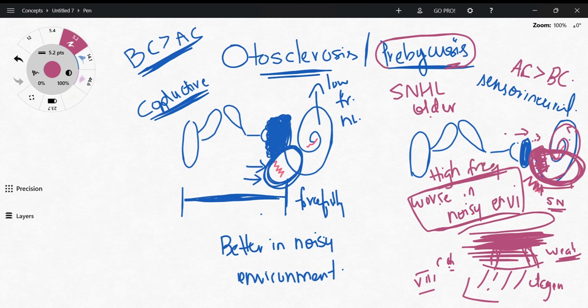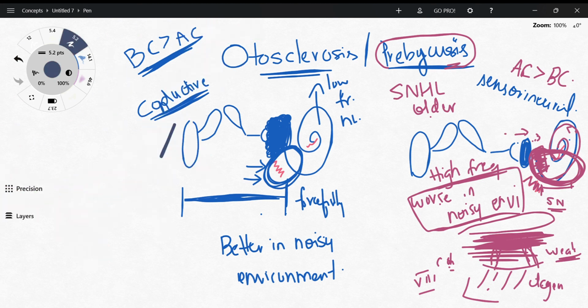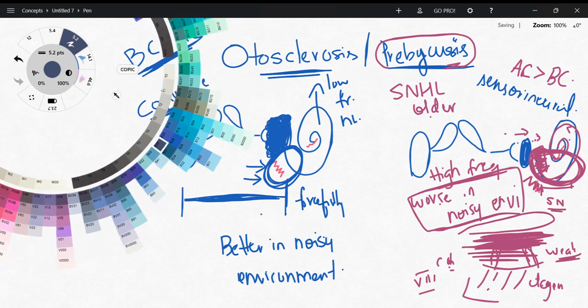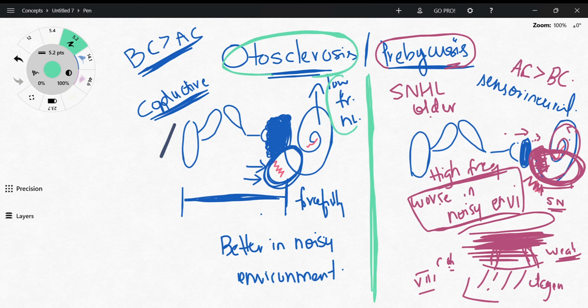So to sum it up, if they give you a vignette asking you to differentiate between otosclerosis and presbycusis, there's no way you're going to get this wrong, because these people are going to have low frequency hearing loss and these people are going to have high frequency hearing loss.